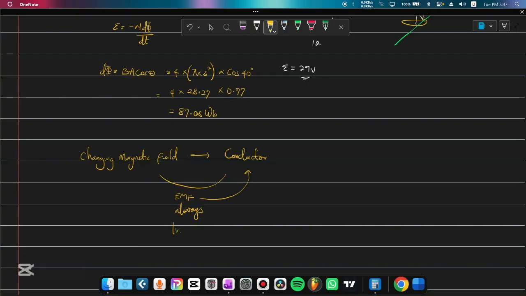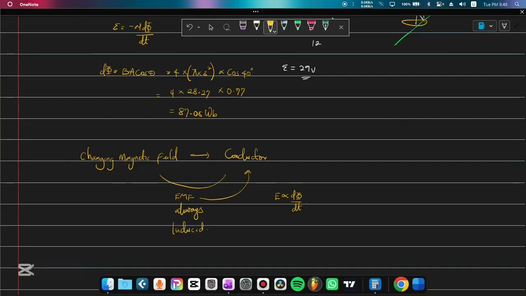Are we together? And he didn't stop there. He went on to tell us further that the EMF induced is directly proportional to the change in magnetic flux. Are we together? And that is Faraday's law of electromagnetic induction. It's always going to be a voltage induced in the coil. Are we together?